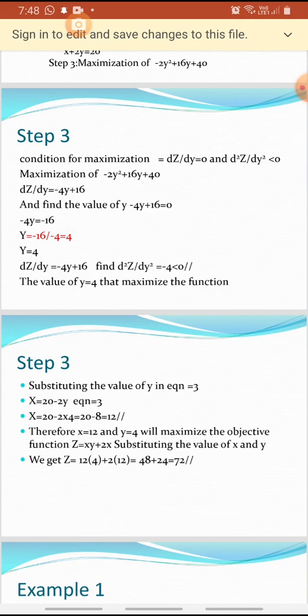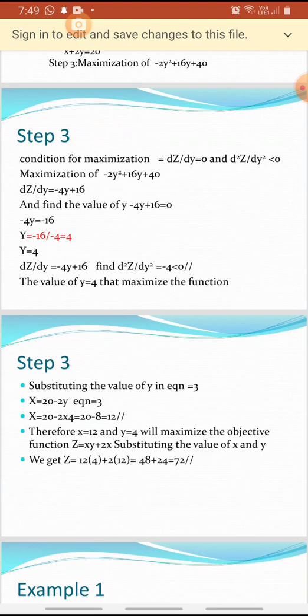Equate it to 0: minus 4y is equal to minus 16. So y is minus 16 by minus 4, that is 4.